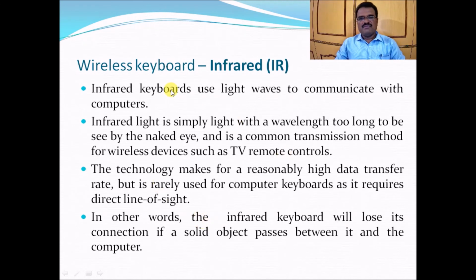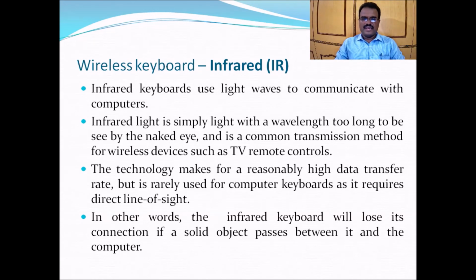Infrared keyboards use light waves to communicate with computers. Infrared light is simply light with a wavelength too long to be seen by the naked eye, and is a common transmission method for wireless devices such as TV remote controllers. The technology makes for a reasonably high data transfer rate but is rarely used for computer keyboards as it requires direct line of sight.